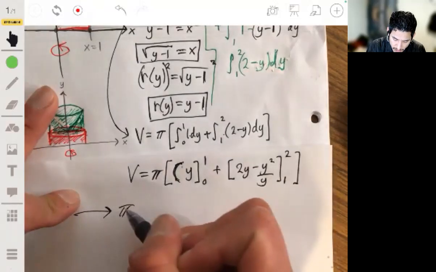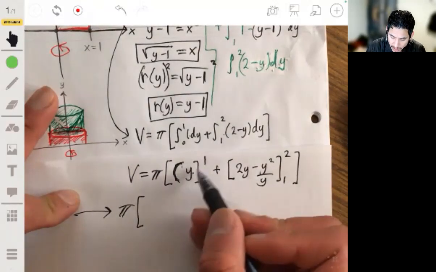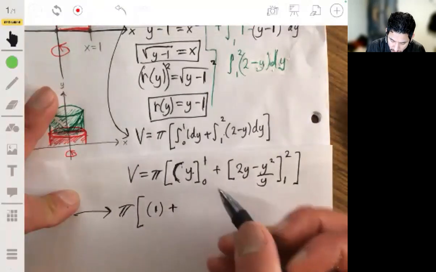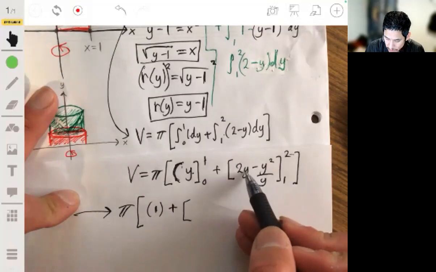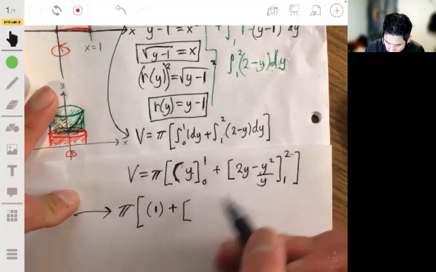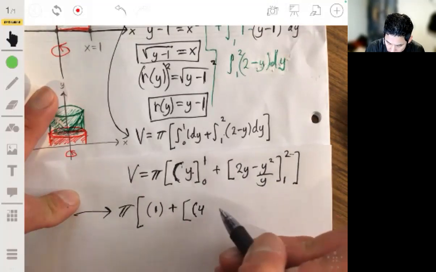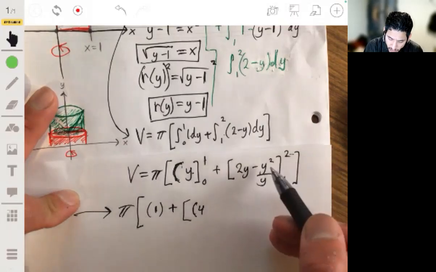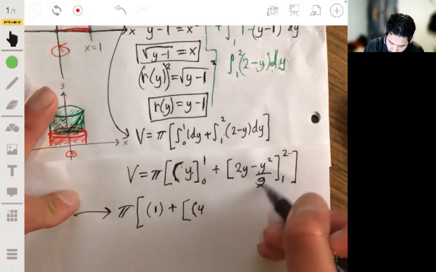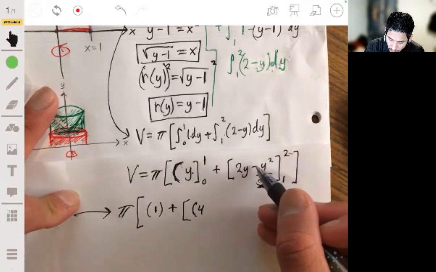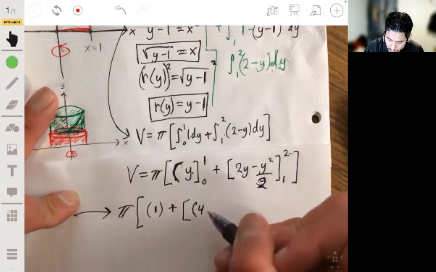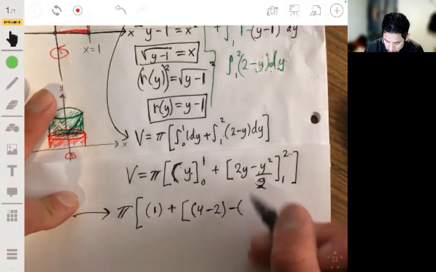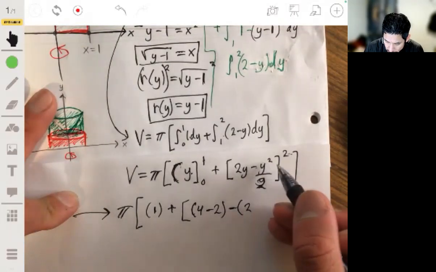Working it out, pi times all of that. This will just be 1 minus 0, so it'll just be 1, plus 2 times 2, so 4, minus 4 over 2, so 4 minus 2, minus 2 times 1, which will be 2, minus 1/2.